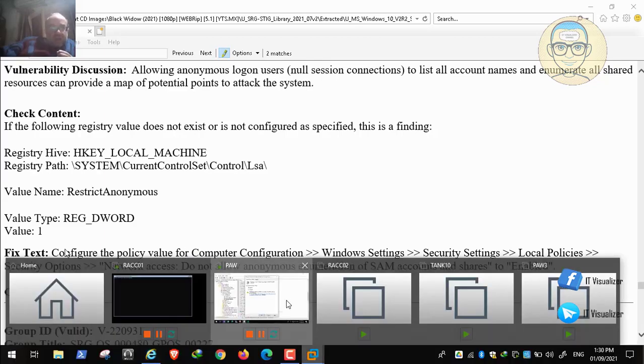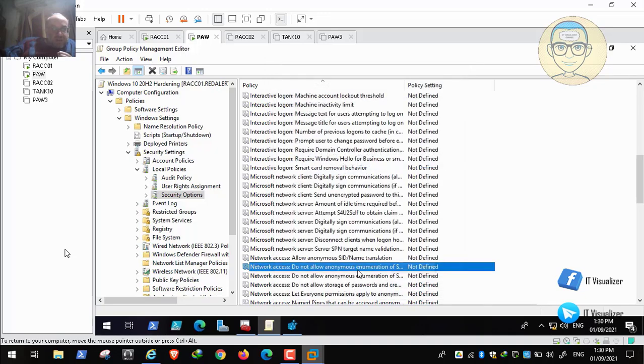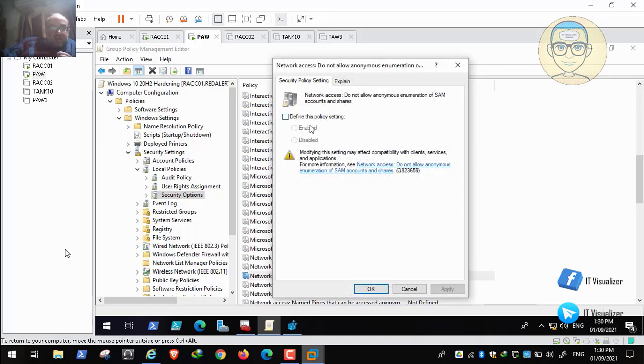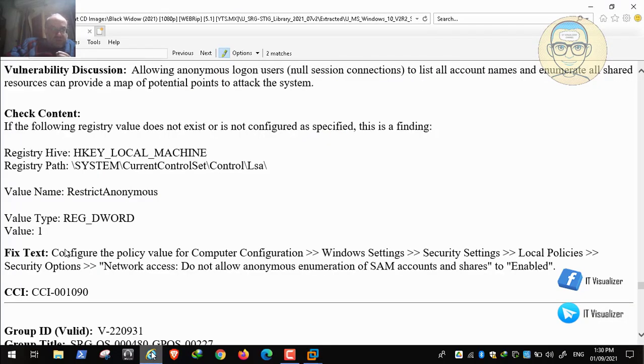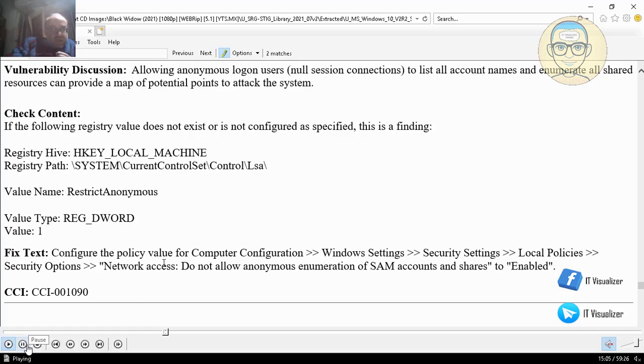So do not allow enumeration of shares, and let's see, shares and accounts. Okay, so this is also something to take into consideration. So this is enabled. Here let's see also the explanation.